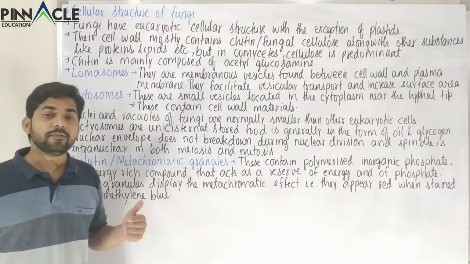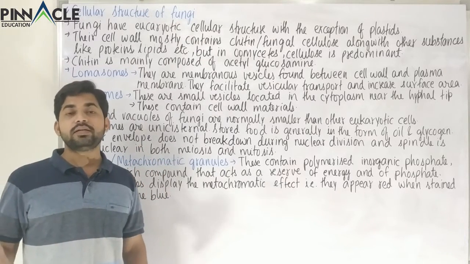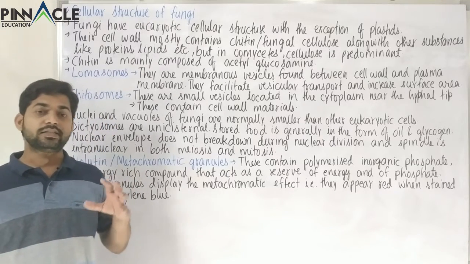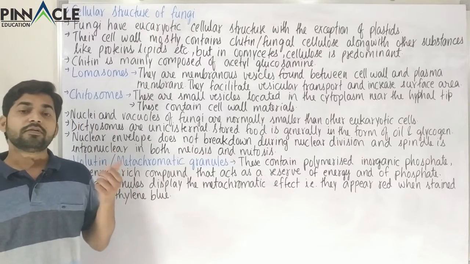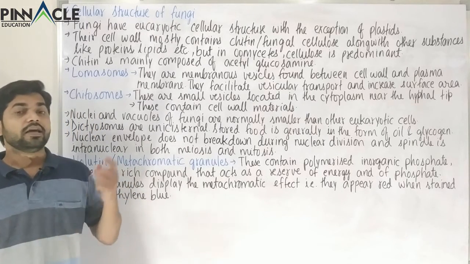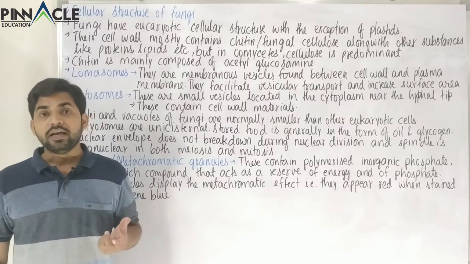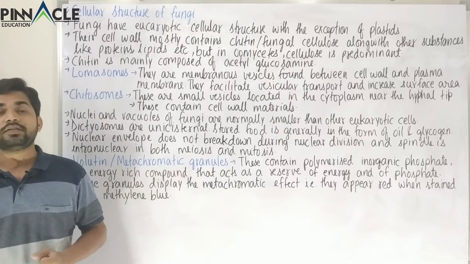Now in fungi, we know there is something called the cell wall, which is also present in a typical plant cell. A plant cell wall is normally composed of cellulose, which is a polysaccharide. Here also there is something called chitin, which is also a polysaccharide, but some amine components are also present.